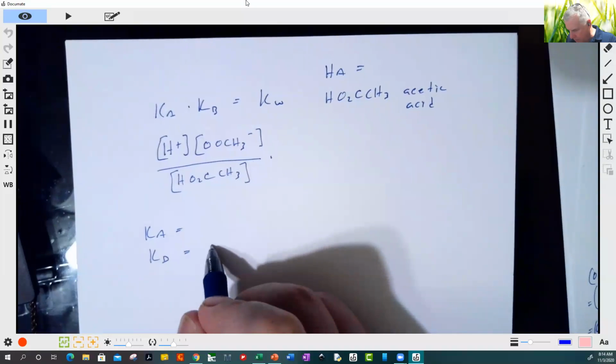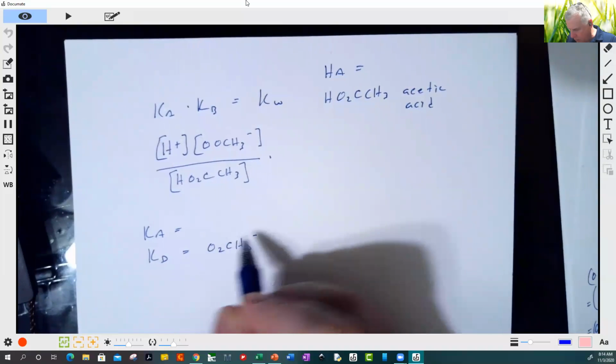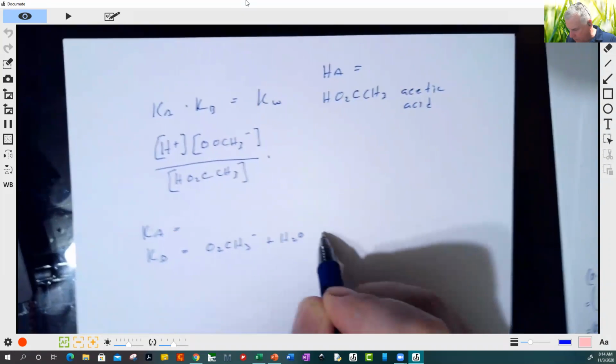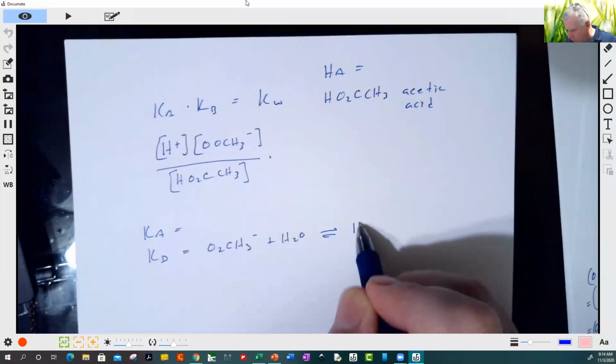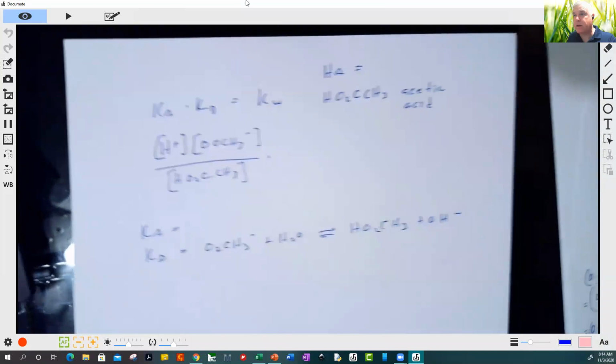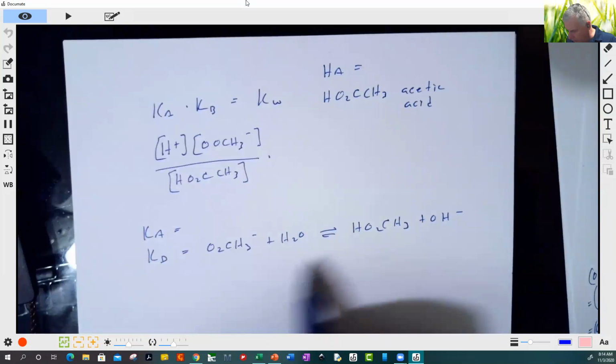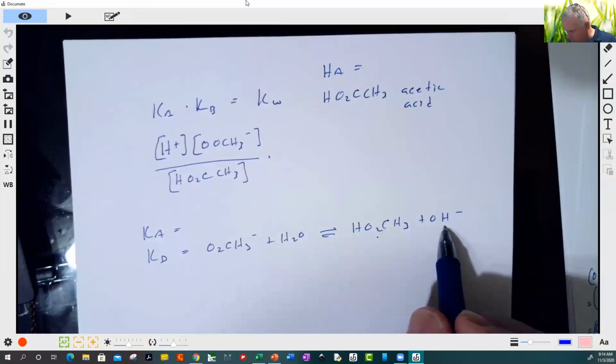the reaction of acetate with water. So that's O2CCH3 minus plus H2O makes HO2CCH3 plus OH minus, right? And so the Kb here is going to be the product of these ions, right?